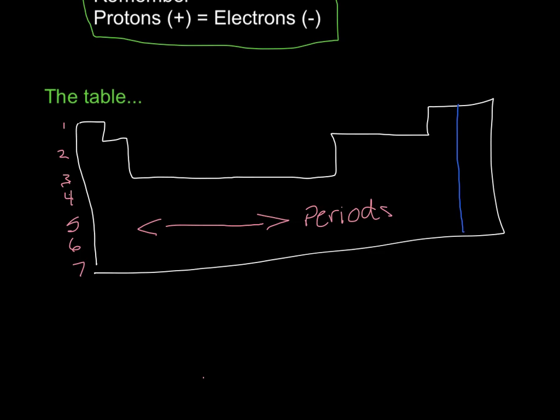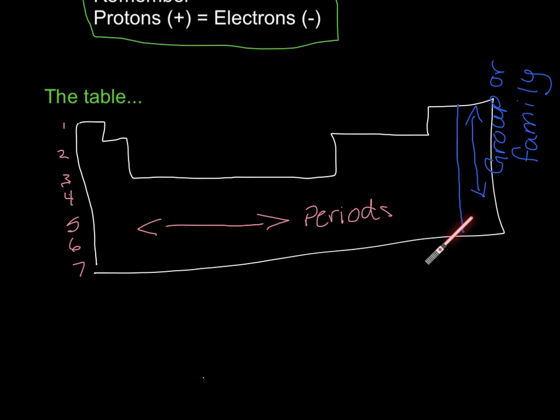A group or a family is a column in a periodic table. Okay. And we're going to remember that everything in a family is going to have similar characteristics.